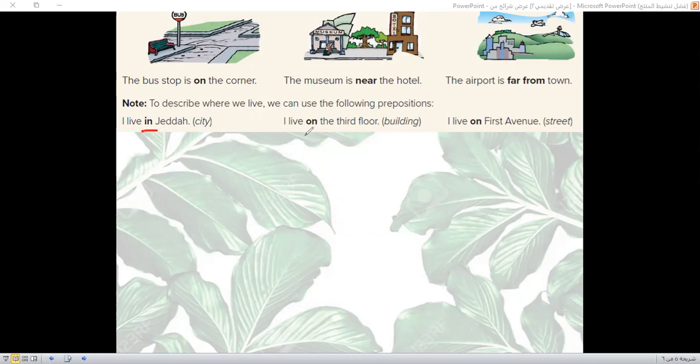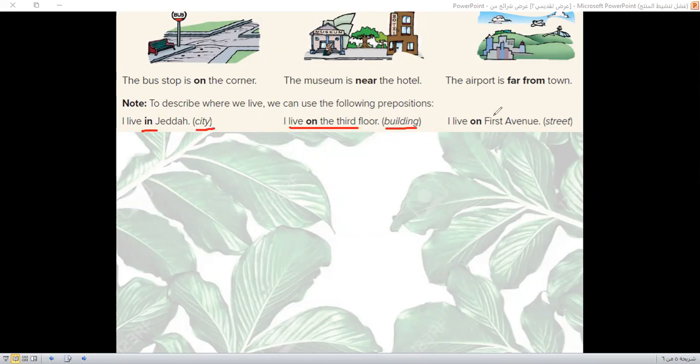If I'm going to say where I live, but I'm going to use the building, then I'm going to say, I live on the 3rd floor or on the 2nd floor. So if I'm talking about floors and buildings, I'm going to use on.